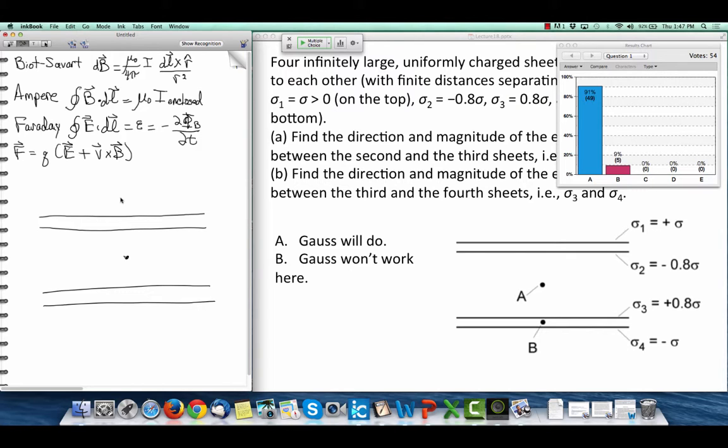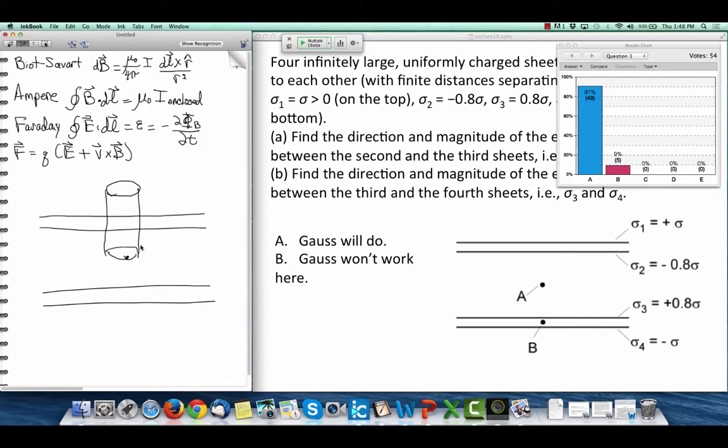An appropriate symmetric object would have cylindrical symmetry, since it's rotations around that one axis. So just putting a cylinder in here will give you something that ought to work for Gauss's law.